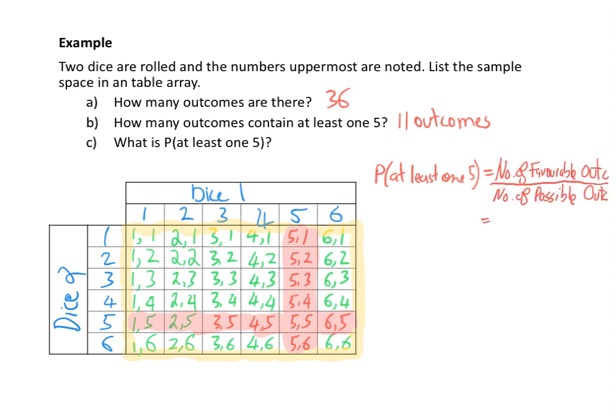My number of favourable outcomes, the number that contain at least 1 five, are 11, and the total number of possible outcomes is 36. So the probability of getting an outcome that contains at least 1 five is 11 out of 36. So that is an example of how we can use a table array to determine the sample space and then the probability of certain outcomes on a two-step chance experiment.